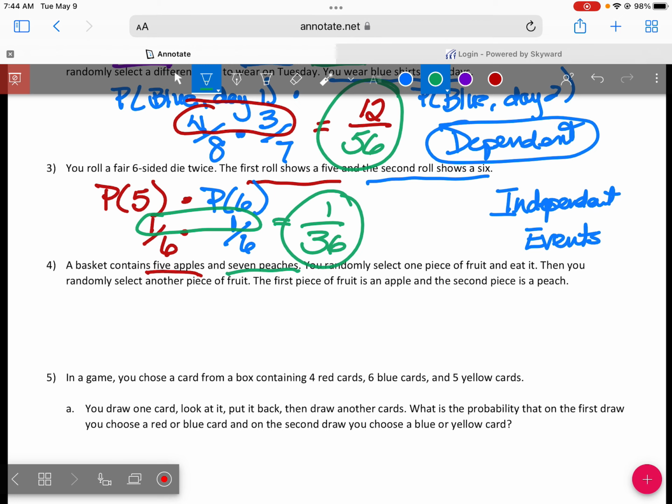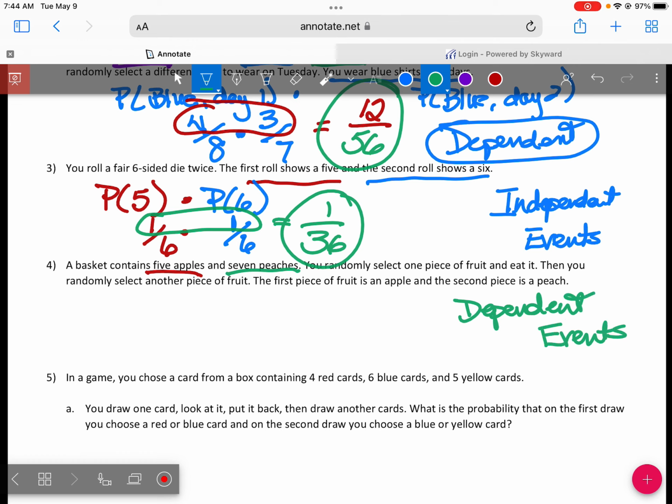Is that going to be independent or dependent events? Dependent, because you ate one of the first, so it's not there for the second. So these are dependent events.